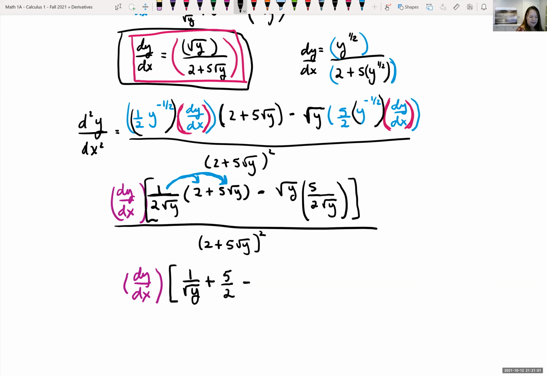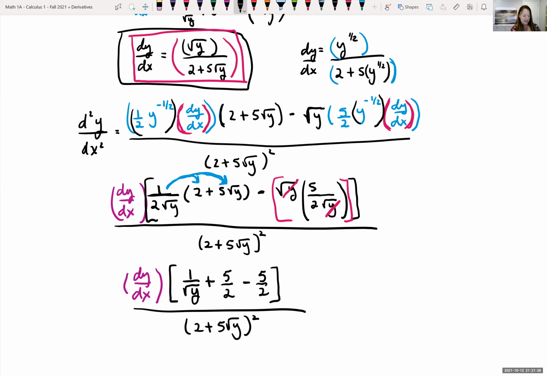Minus, and so notice in here, we have a square root of y in the numerator, a square root of y in the denominator, so those cancel. And you're just left with 5/2. All over this 2 plus 5 square roots of y, quantity squared.